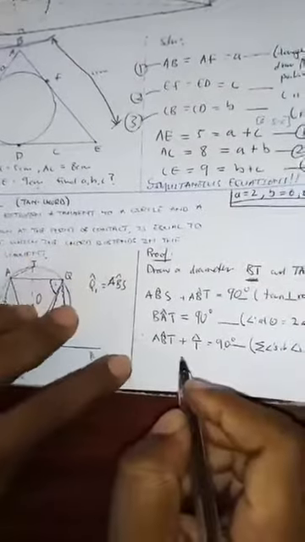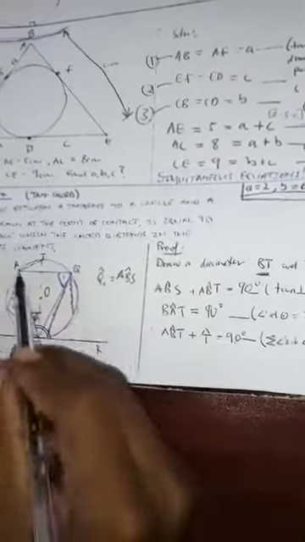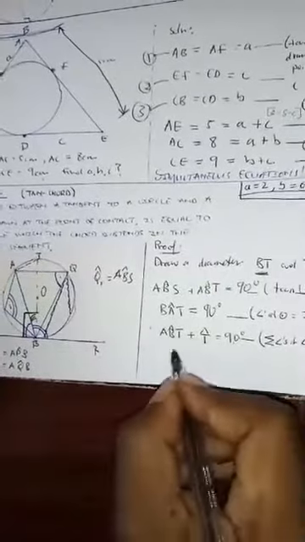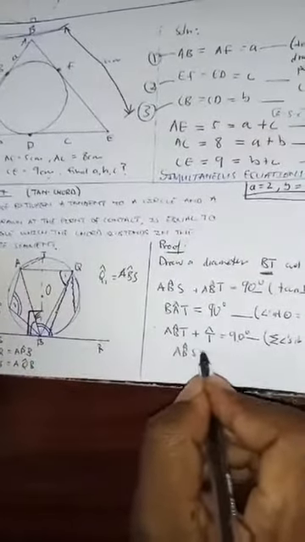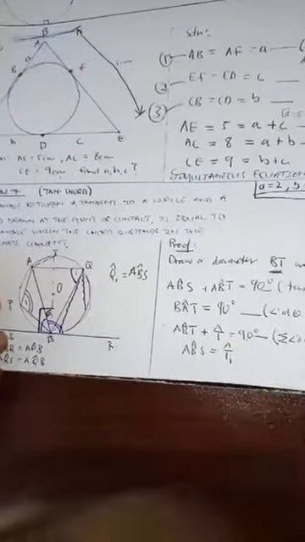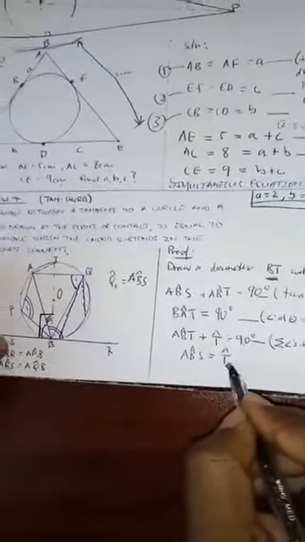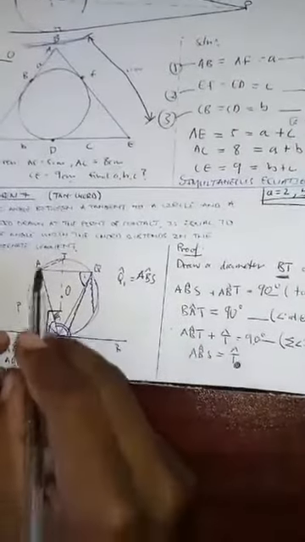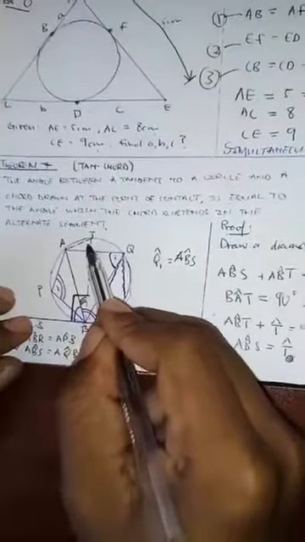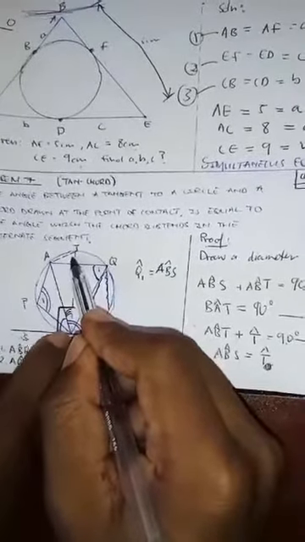So what does this mean? It means angle ABS should be equal to T. Call it T. ABS should be equal to that angle. Why?